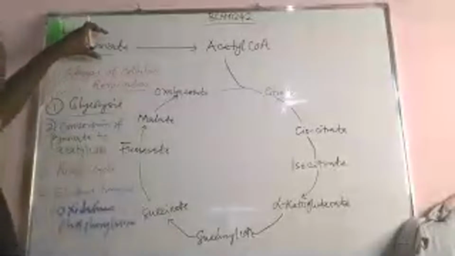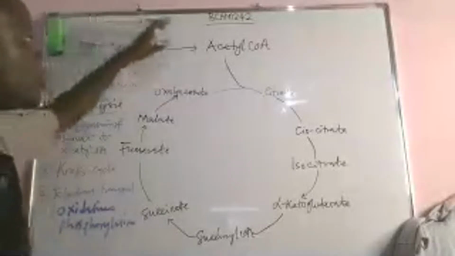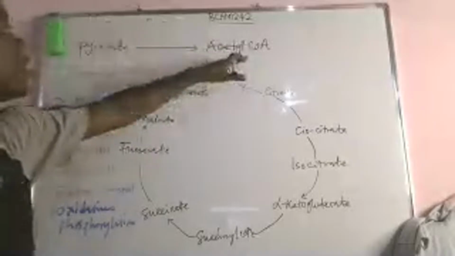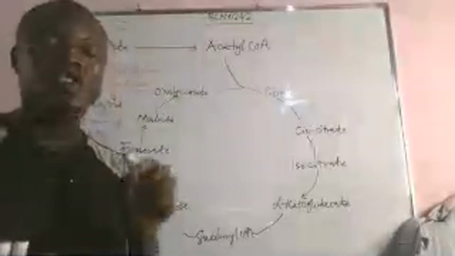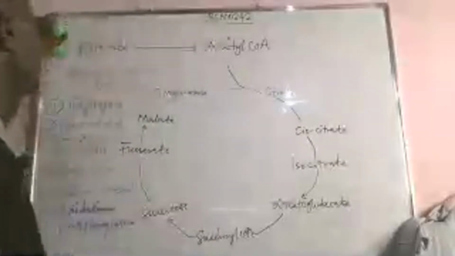After glycolysis, pyruvate is generated in the cytoplasm and transported to the mitochondrial matrix, where it is converted into acetyl-CoA. There are 5 coenzymes and 3 enzymes that help the pyruvate to be converted into acetyl-CoA.